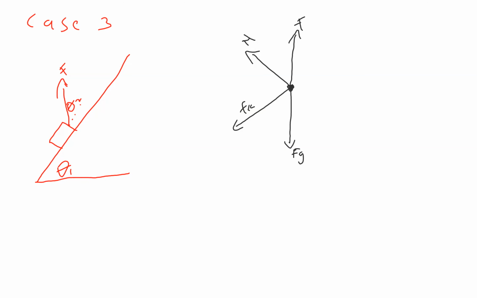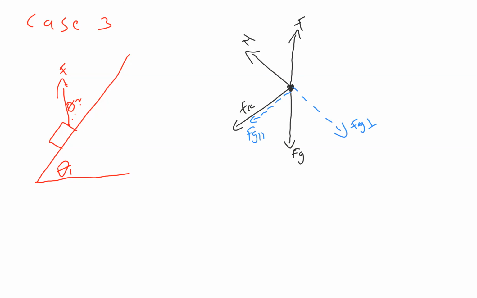Now, I want us to look at the components of the weight. We have this component here, Fg perpendicular. We have this component here, Fg parallel. So since that force, which is our F applied, is at an angle, it also has what?